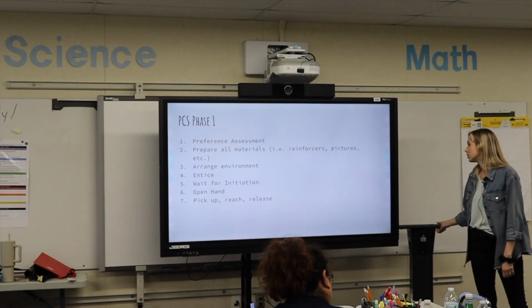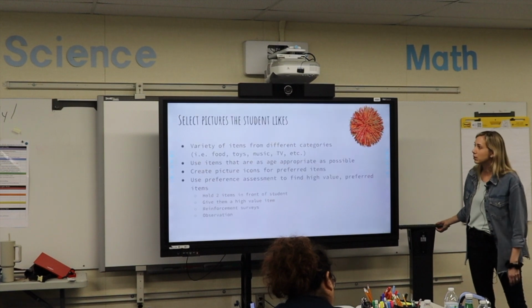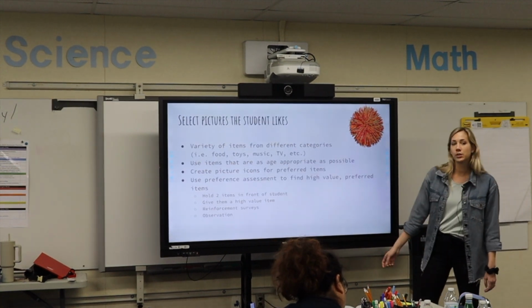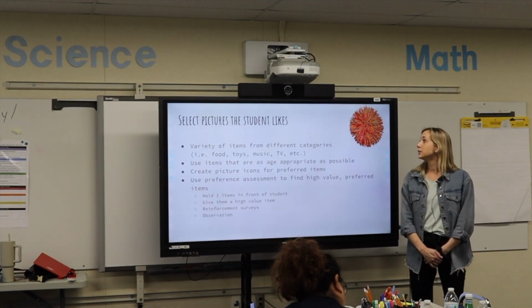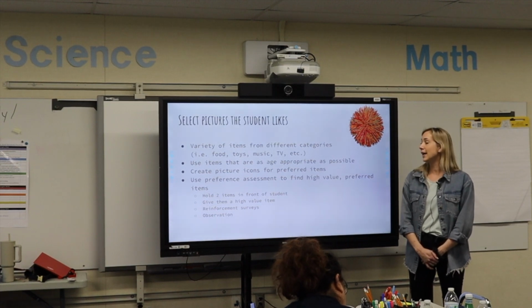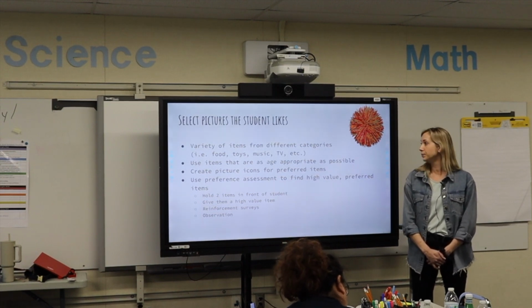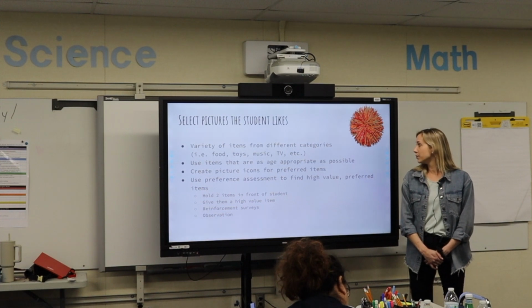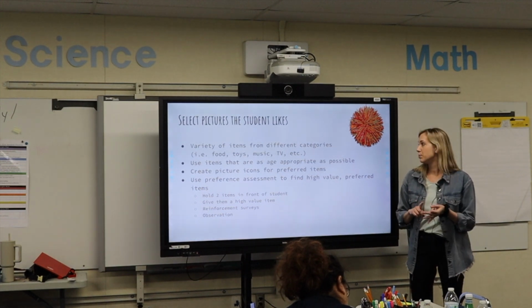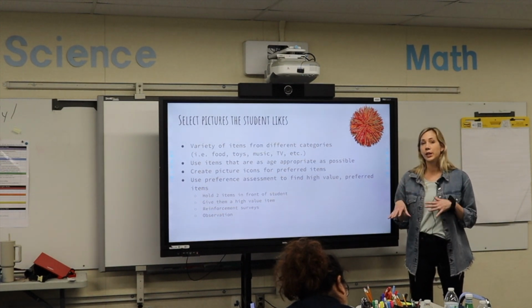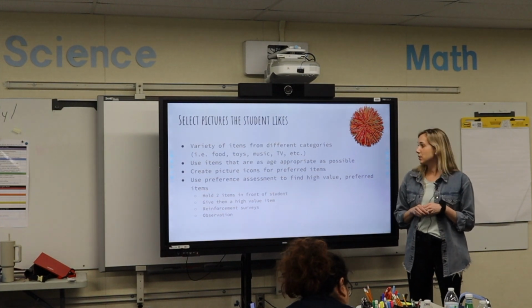So this is when you're going to exchange a reinforcer back and forth. The first thing you need to do is select pictures that students like, so they're highly motivating for the kiddo. These could be a variety of items from different categories, so it could be food, toys, music, TV, etc. You want to use items that are as age appropriate as possible.